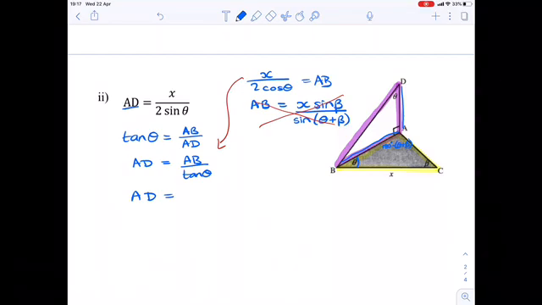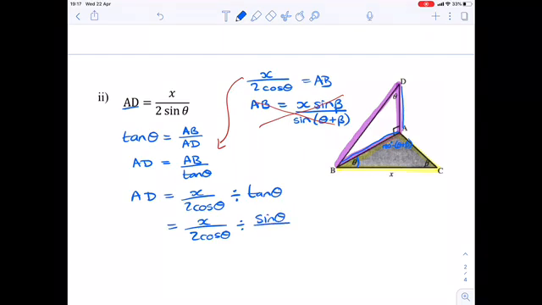And I get AD is equal to x over 2 cos theta divided by tan theta. To work that out, I'm going to change the tan theta. Remember that tan theta is the same as sine theta over cos theta.